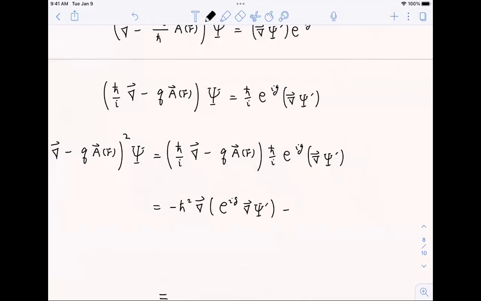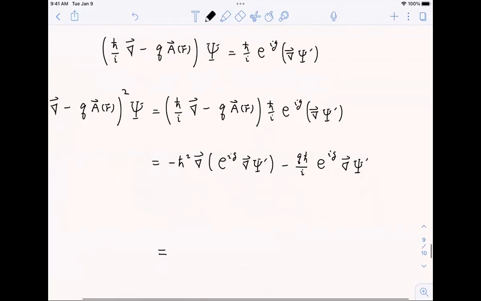Okay, then minus q h bar over i. Okay, so we're going to get this one. This one will be E. You have this E squared.